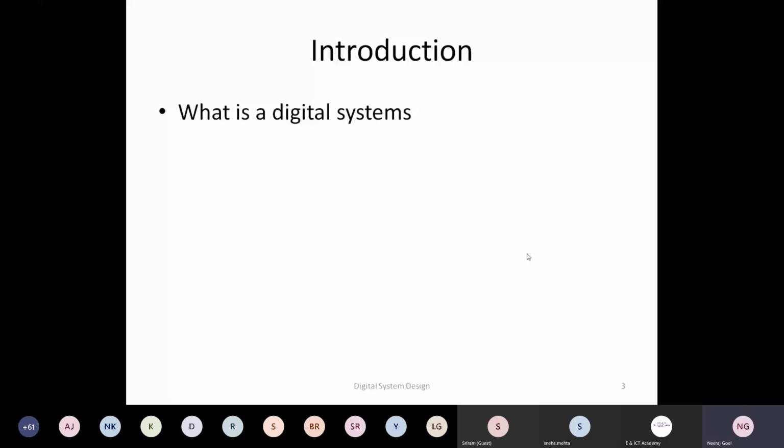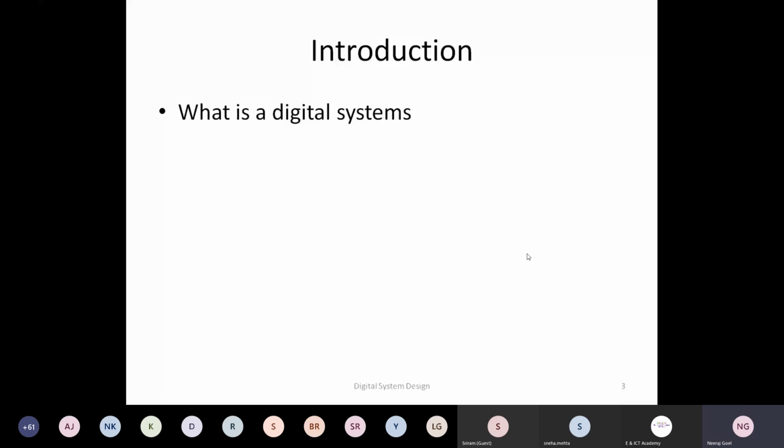So a digital system means a system which takes digital inputs and gives out digital outputs. Of course, inside a digital system it would be doing some digital transformations.